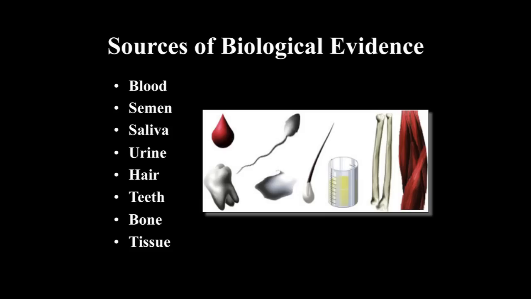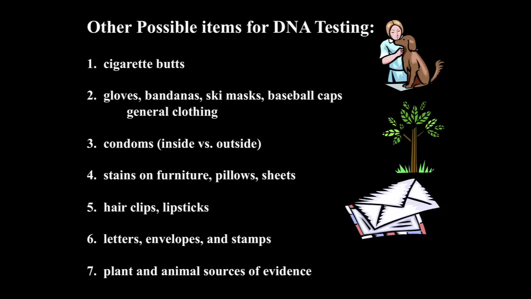What are the sources of biological evidence that could constitute forensic DNA analysis? I've already mentioned some of them, but blood, semen, saliva, hair, urine, teeth, bone, tissue, any of these contain cells which DNA could be derived from.